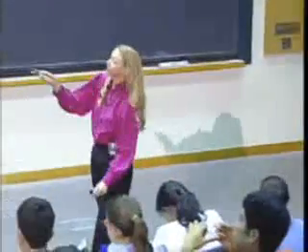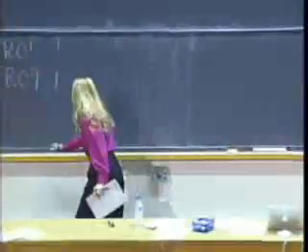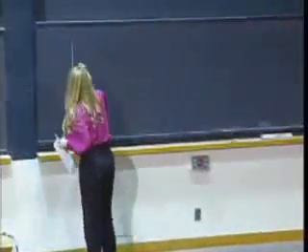All right, so now we're going to look at the periodic table here. I'm going to ask the following question. As we go across the periodic table, what we want to know is how does the ionization energy change?